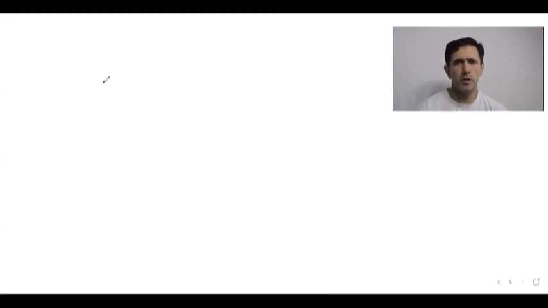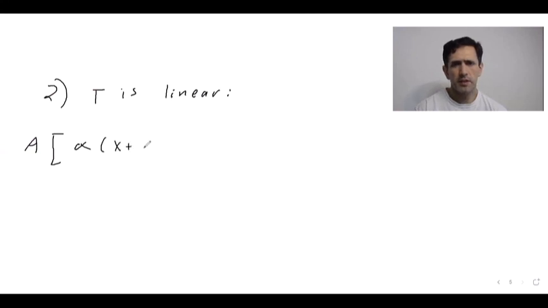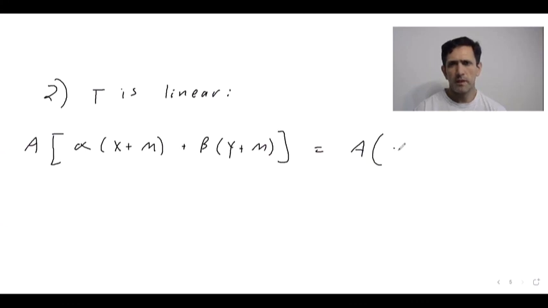Linearity just follows from, let's do this quickly. Really not much to this. So A of alpha (x plus m) plus beta, let's say, (y plus m). Well, this is just A of alpha x plus beta y.